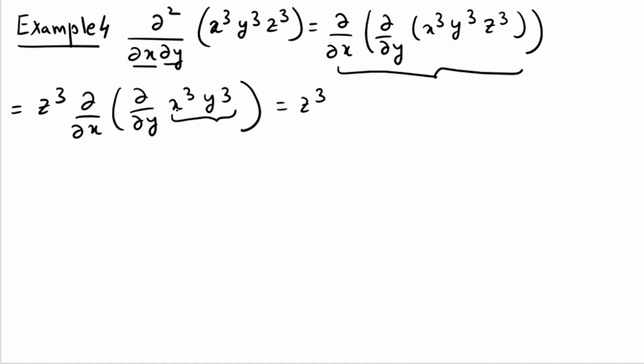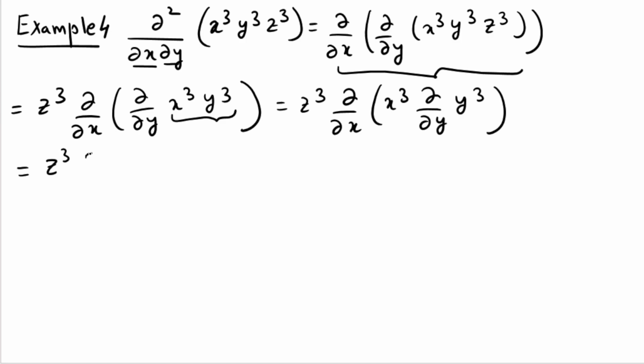Therefore, I can write it as z³ ∂/∂x x³ ∂/∂y of y³. Derivative of y³ is 3y².